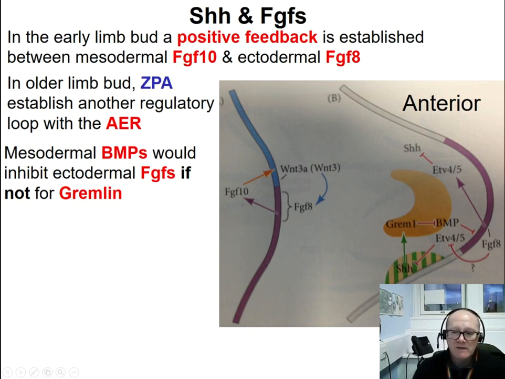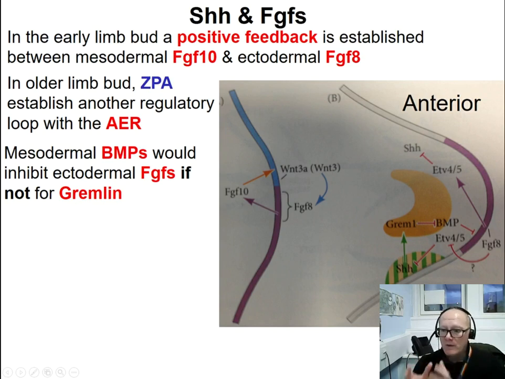However, BMP does not inhibit the expression of FGF8 because SHH induces in the mesoderm expression of gremlin. Gremlin is an inhibitor of BMP. So, because of expression of SHH in the zone of polarizing activity, the mesoderm is not expressing BMP. It is actually expressing gremlin that blocks the activity of BMP.